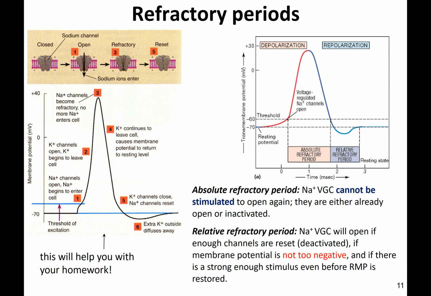So from threshold membrane potential to threshold membrane potential, we see this as the absolute refractory period. What does that mean? During this time, no amount of stimulus, no matter how great, will open the sodium voltage gated channels again because they are already open.